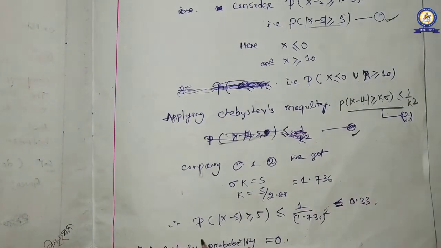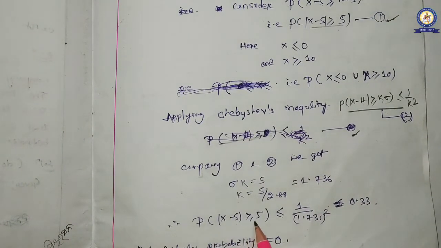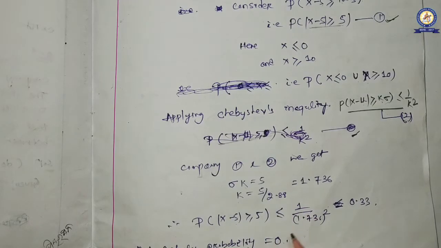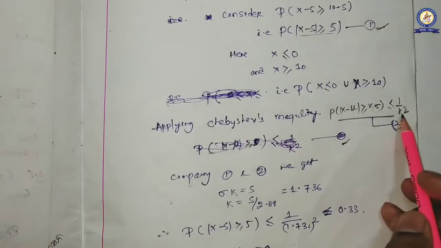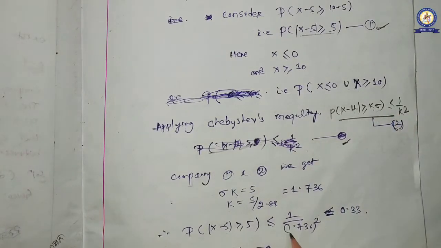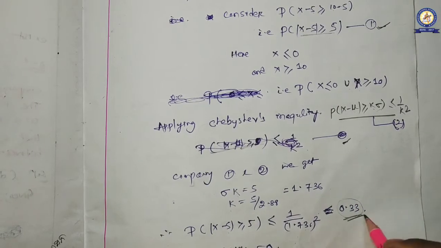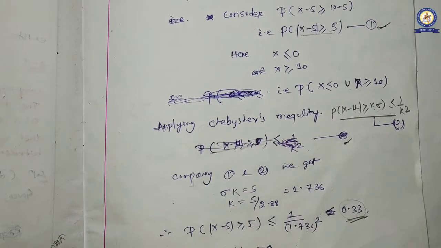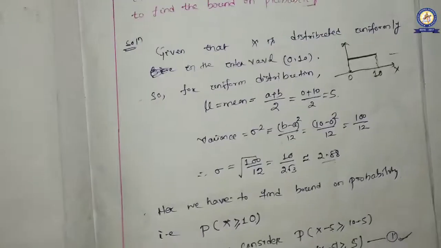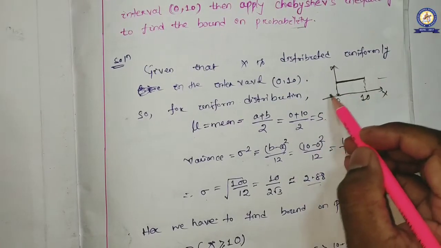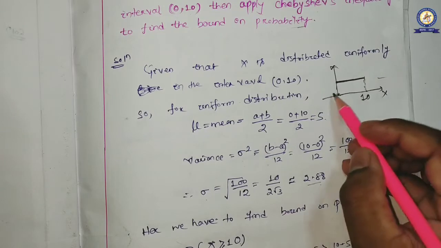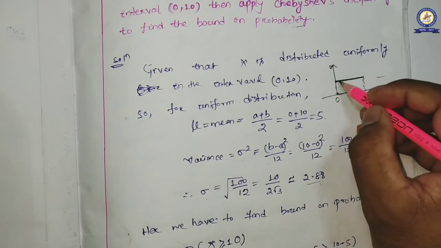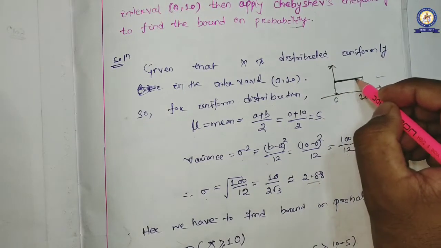Hence probability of |x minus 5| greater than or equal to 5 will be less than or equal to 1 by k square, 1 by 1.76 square, approximately less than or equal to 0.33. But actually the probability for this case will be 0, because beyond this there is no PMF present. The probability mass function is present only between 0 to 10.